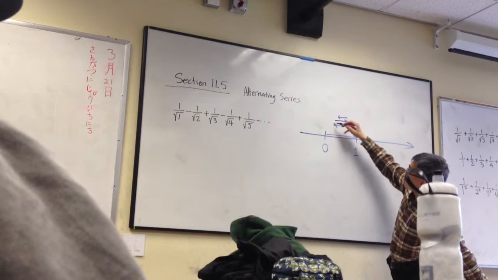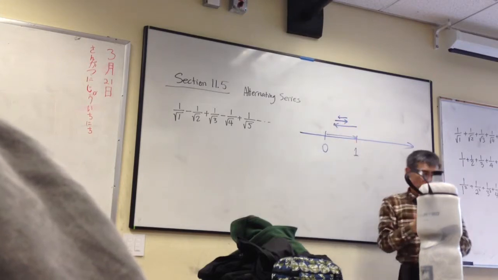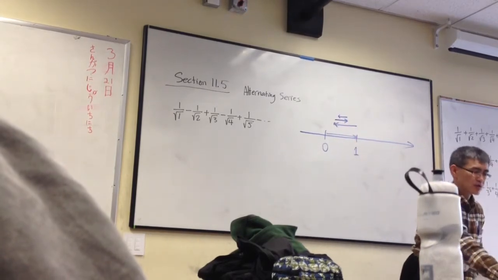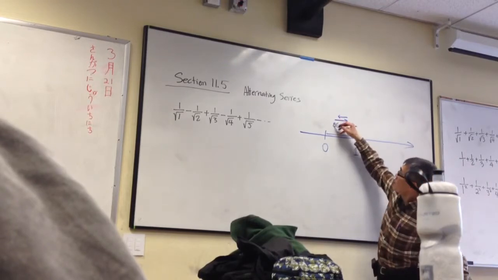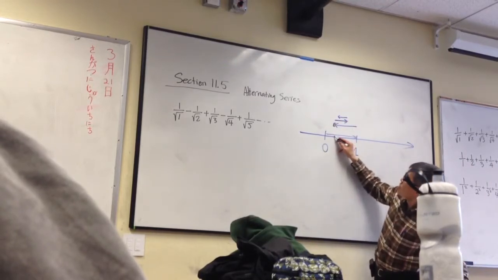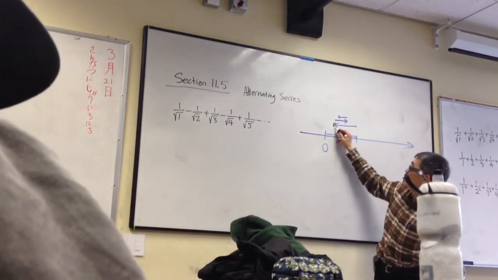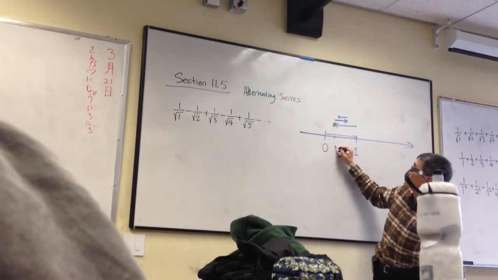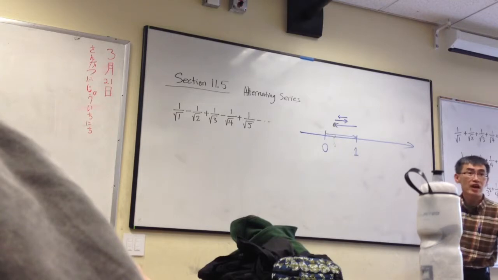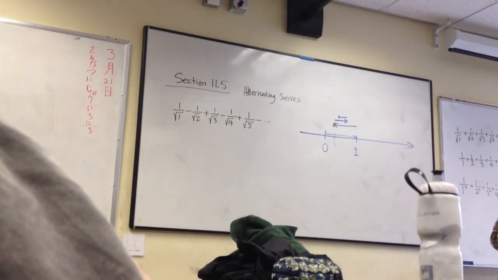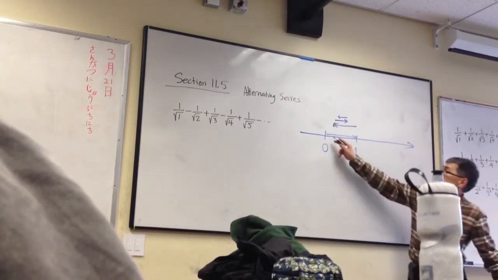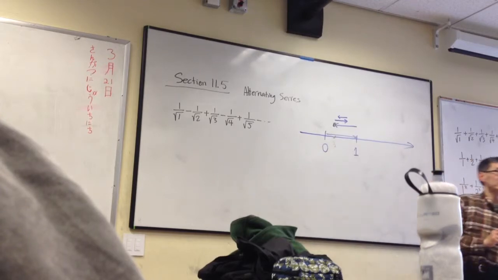It's over here, or more precisely, oops, wrong color. It's over here, projected down, down here. So that's where S2 is. S2 means the sum of the first two terms. The first term is positive, the second term is negative.